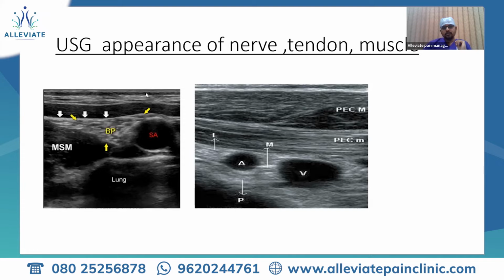You can view the muscle on the long axis or on the short axis. Similarly, you can view the nerve, this is the short axis, and if you toggle the probe, we'll get the long axis. Now, what kind of probe are we using?